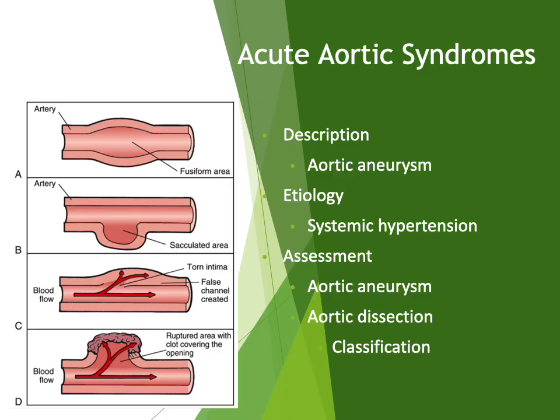When it's about 4 to 4.5, we talk about shared decision making. Maybe we need to go in and possibly do some surgical repair or placement of a stent to help eliminate the risk of rupture itself.